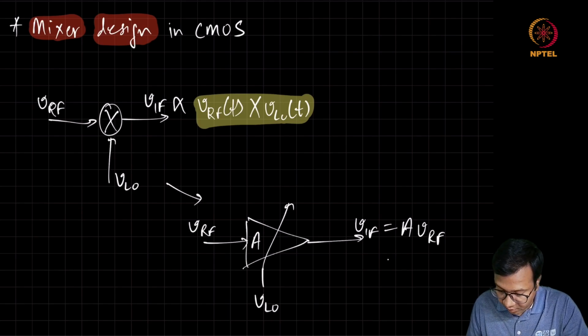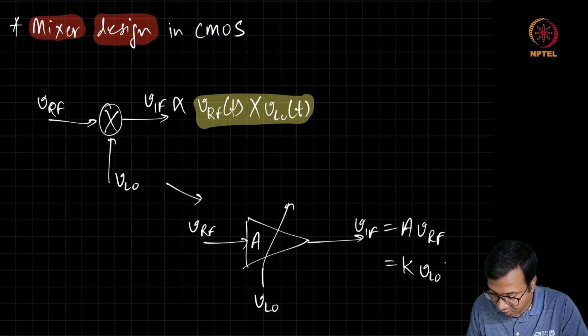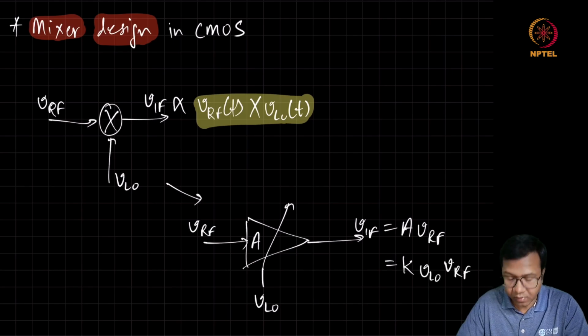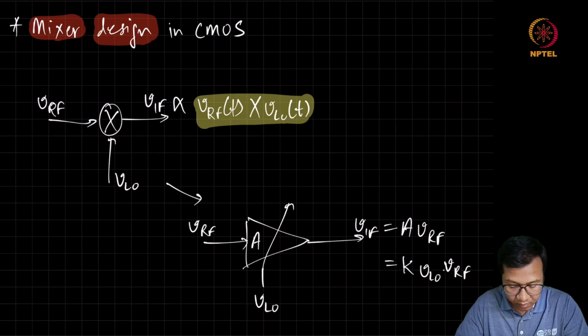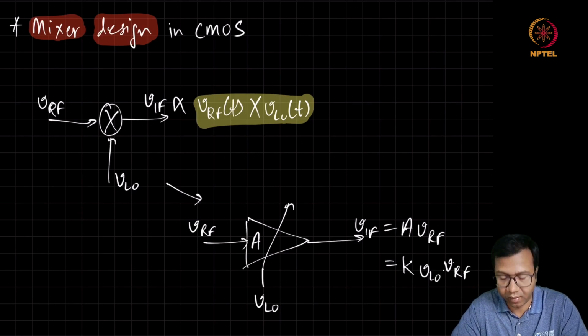So if we can design some block like this, we will be able to implement this multiplication of two voltages.